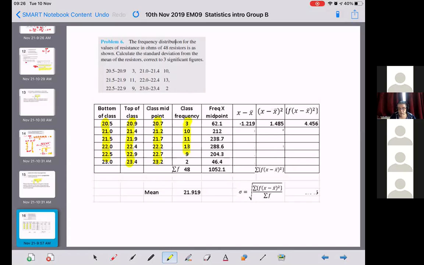We've got the class frequency and frequency times the midpoints. Then we divided this total by the total of the frequency and got a mean of 21.919.